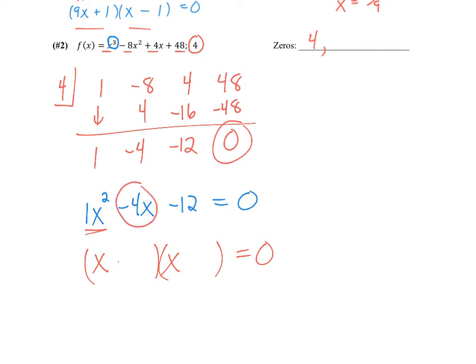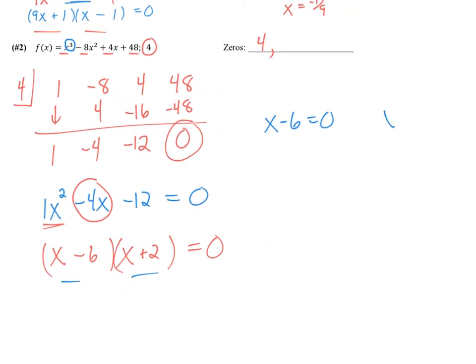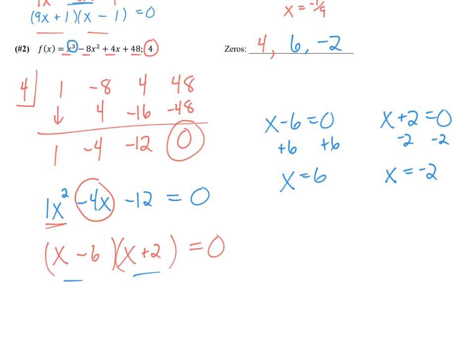So we're going to go with negative 6 times positive 2 is negative 12. Because negative 6 times 2 is negative 12. Negative 6 plus 2 is negative 4. We set each of these equal to 0. Okay. Add 6 to get x equals 6. Subtract 2 to get x equals negative 2. So the zeros are 4, 6, and negative 2.